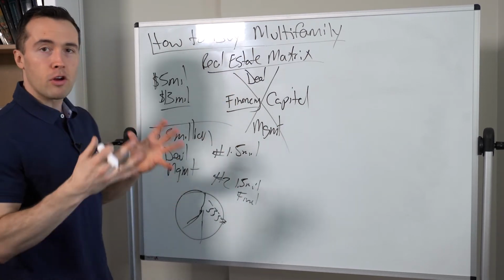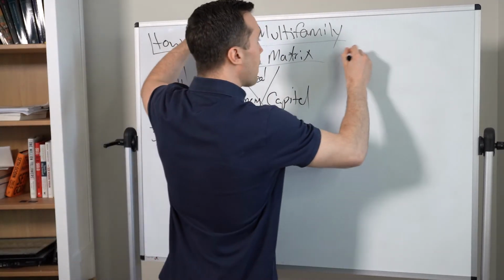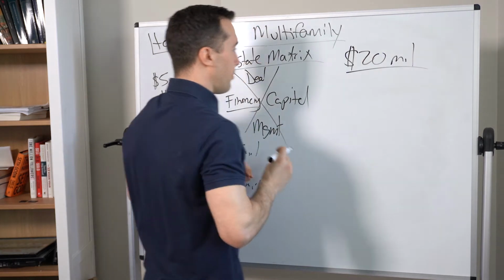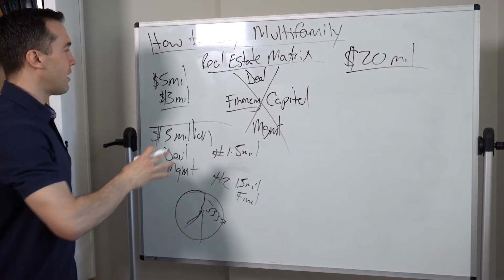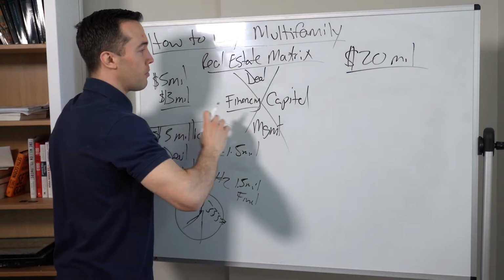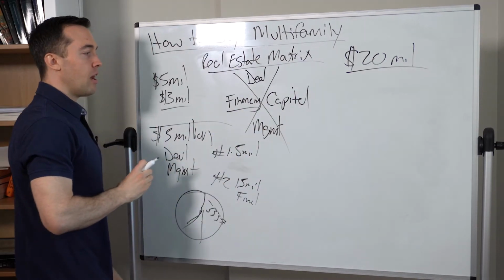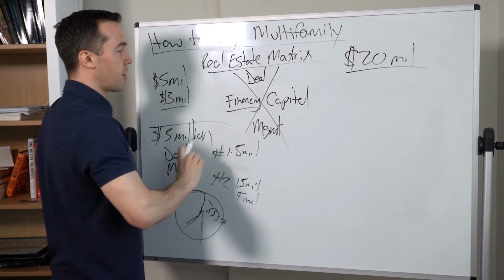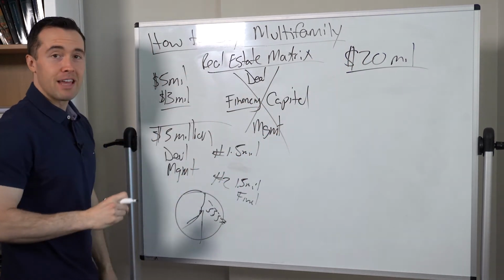Now let's talk about a larger deal example. So now we're acquiring a $20 million property. This is a different animal. Chances are we are not doing everything on our own. We may find the deal, but we won't have the capital required. We won't have the management experience or the time and resources necessary, and we may not have the balance sheet to get the financing.